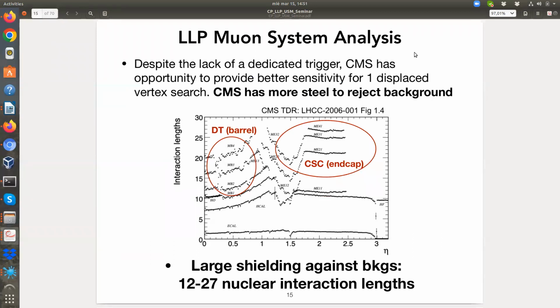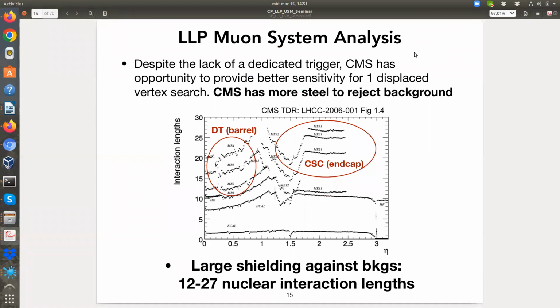And so we had an opportunity, because if you look at the ATLAS design over there, the main difference between ATLAS and CMS is that in between ATLAS's muon chambers, there is air. So they cannot fight the backgrounds. And when you look at their sister or cousin search, they cannot do one LLP reconstruction at zero background level, because they need to require two to be able to kill the background to a reducible level.